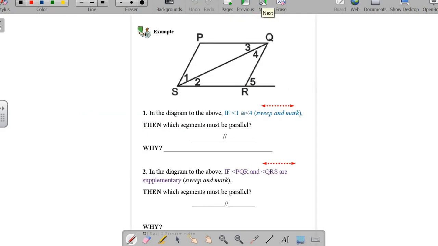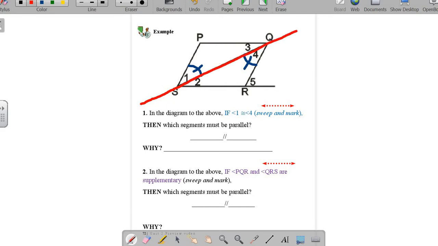Let's show this in a couple problems. Now, when I say the term stir stick, I want you to lay down, if you have a physical stick, a certain object. Let me give you an example. In this diagram, you're told 1 and 4 are congruent. So 1 and 4 are here. Your stir stick has to touch both those lines.